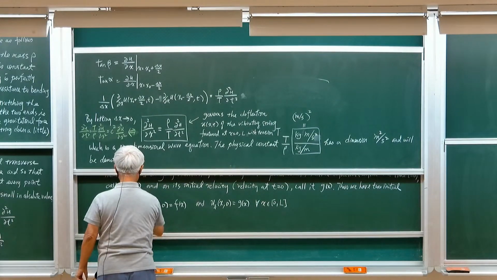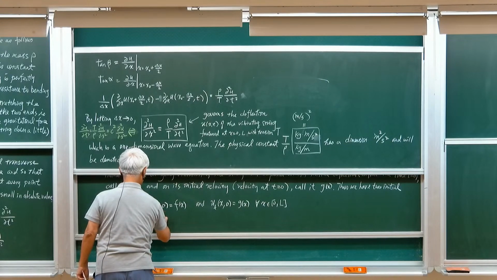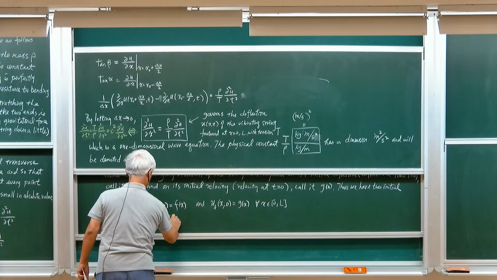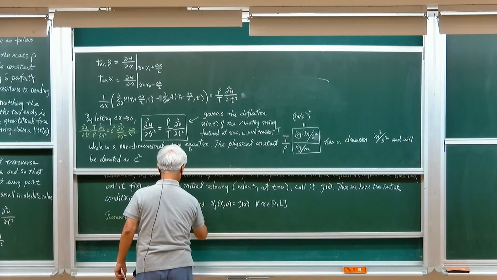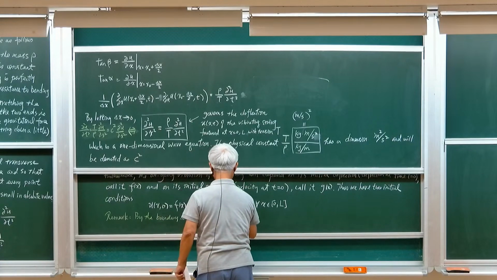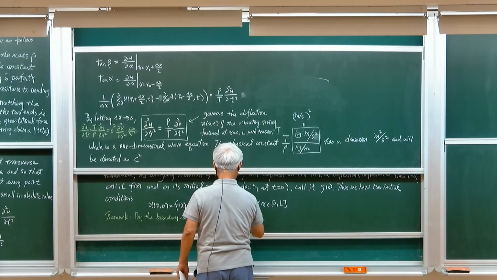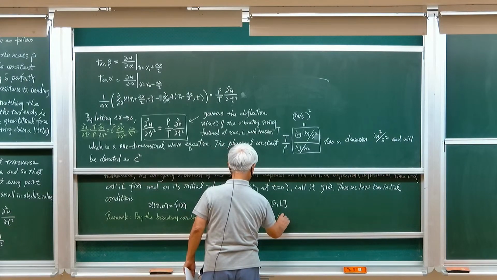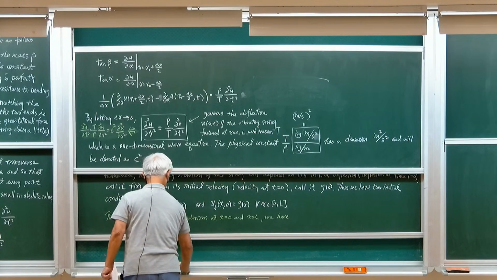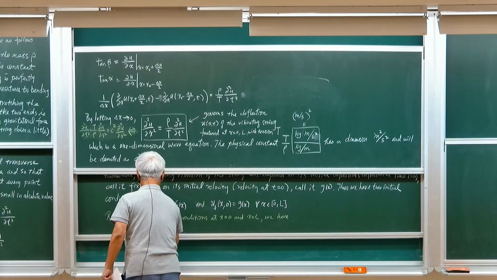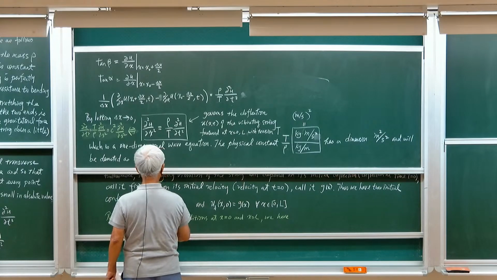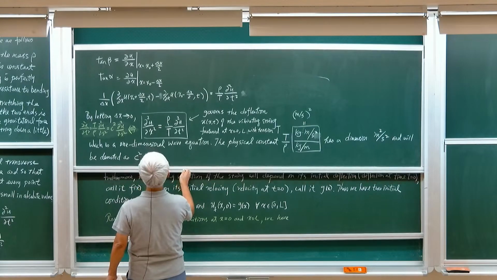Alright, so by the boundary condition at x equal to 0 and x equal to L, we have 0 equal to u(0,0) always. Okay, the boundary condition.